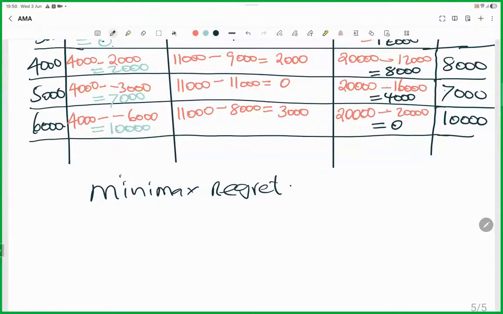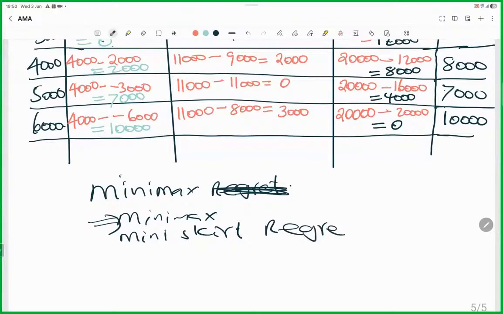First of all, the examiner will never add the word regret. The examiner will tell you to use the minimax method. So whenever they tell you to use the minimax method, for you not to forget this forever, always remember that minimax means minimax regret.